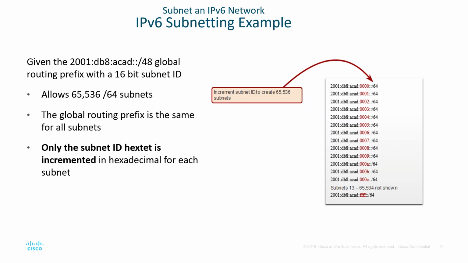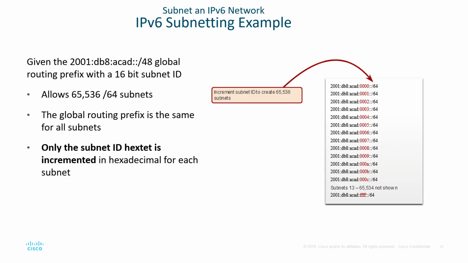And all you're simply doing here is counting up. So again, even in IPv6, you are starting with subnet 0 and going to subnet F, or all ones.